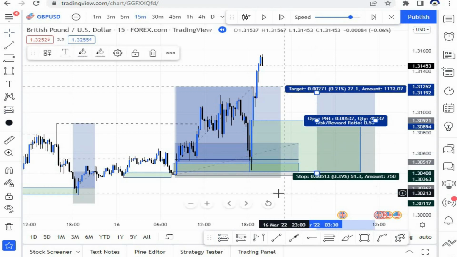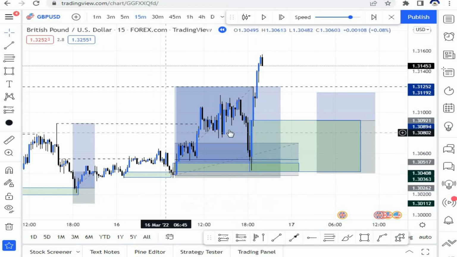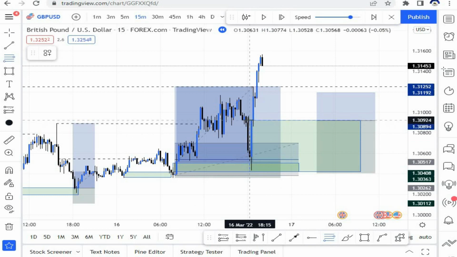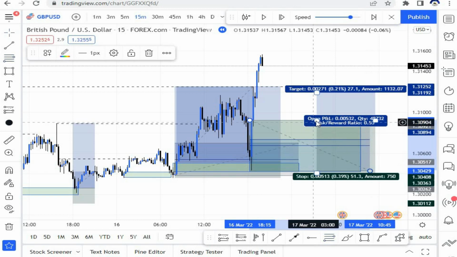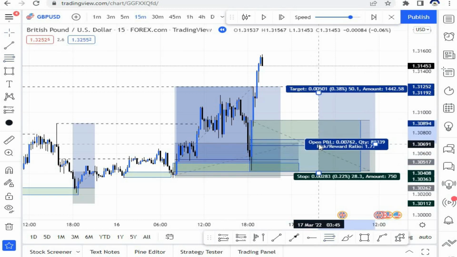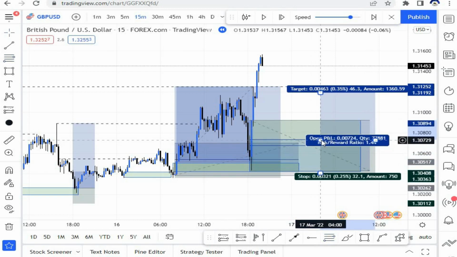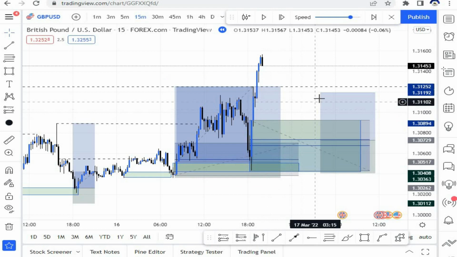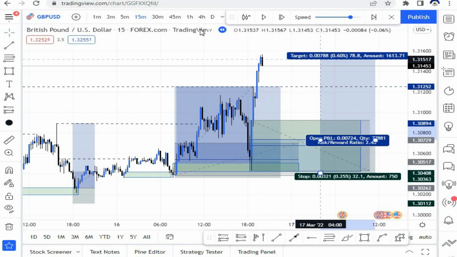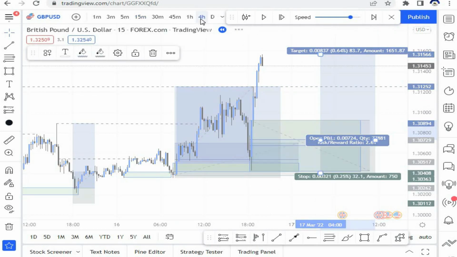That's like 51 pips, but you can even minimize by using premium and discount, something like this, meaning you're going to put your entries around this zone here, and then your SL here is much better. That's like 30 pips.